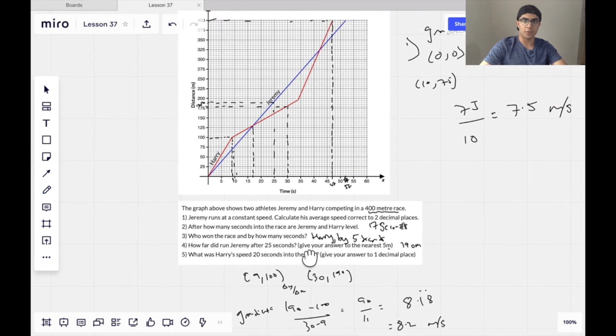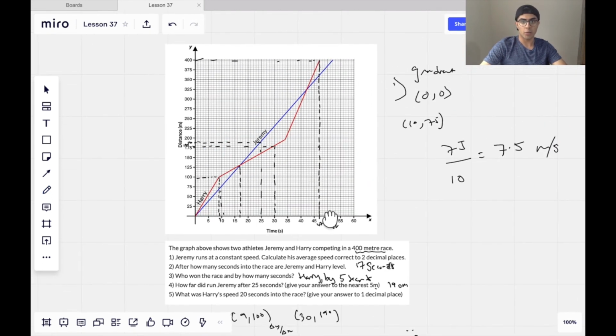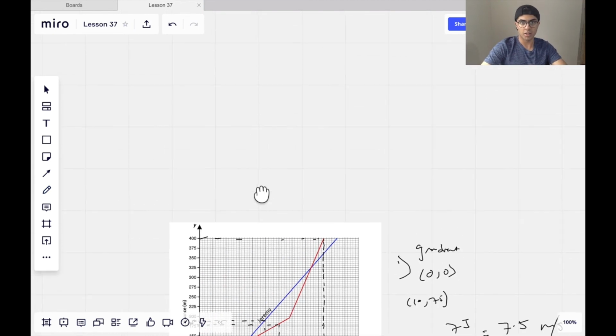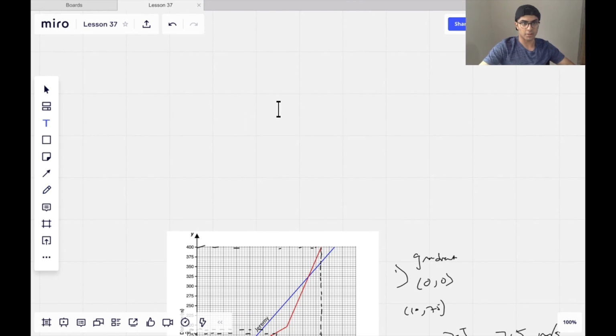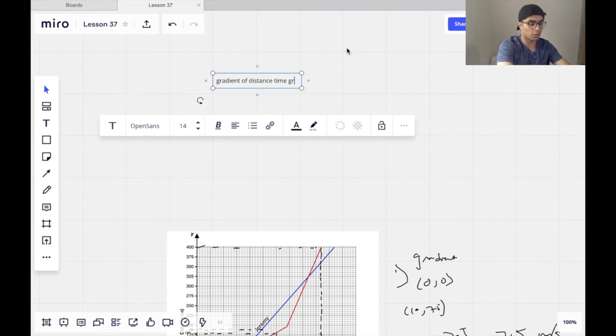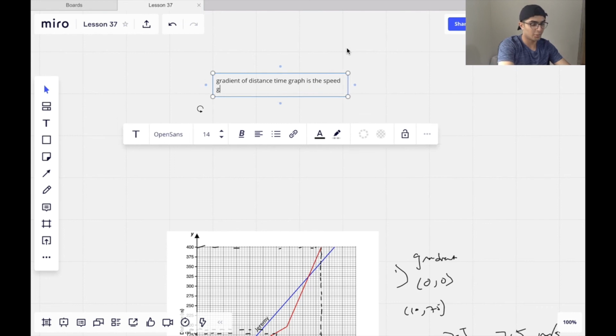Again, really important to remember the three things I said. Let me write this down. The gradient of a distance time graph, say it with me, is the speed.